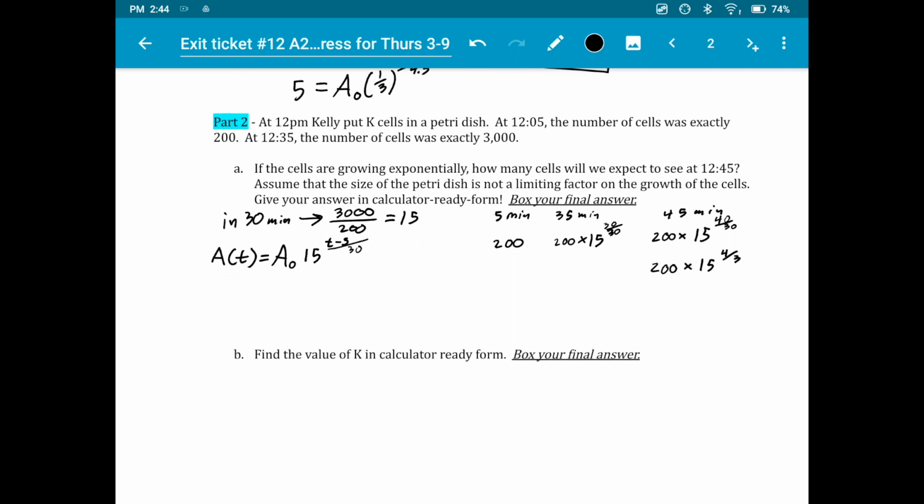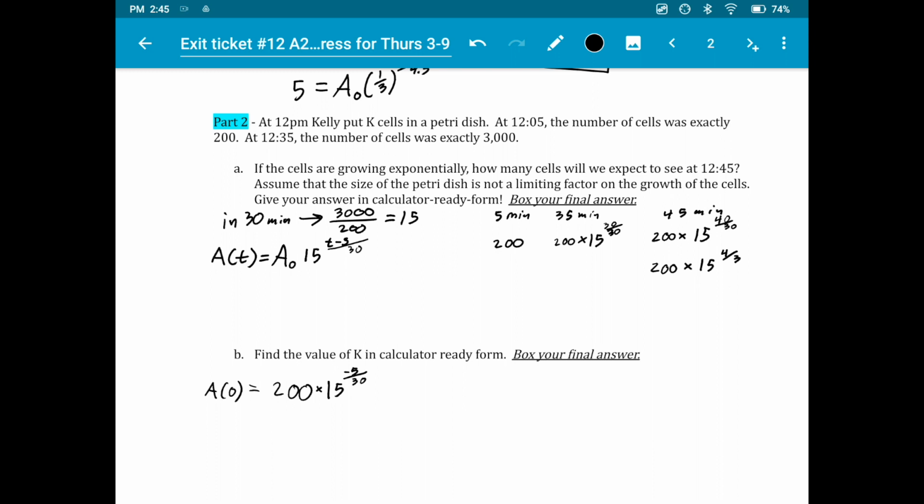Now, if we want to know the initial amount, we would be looking at our starting quantity, which would be A of 0, would be equal to 200 cells times 15 to the t minus 5, which would be negative 5 over 30.